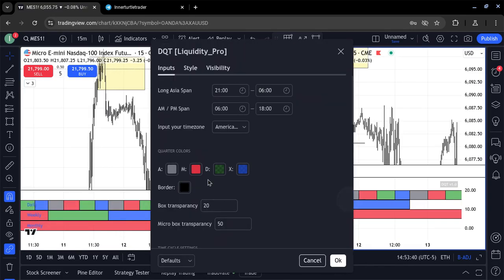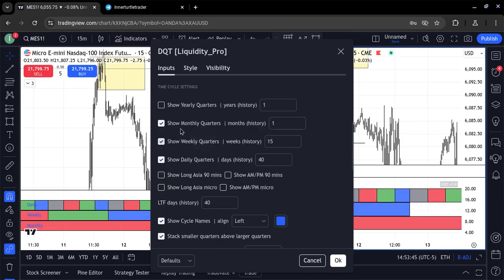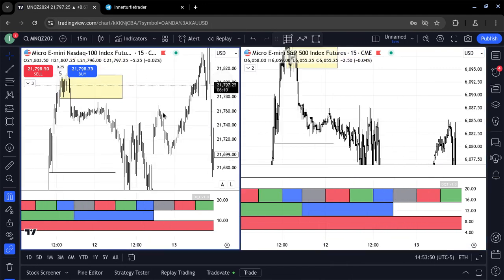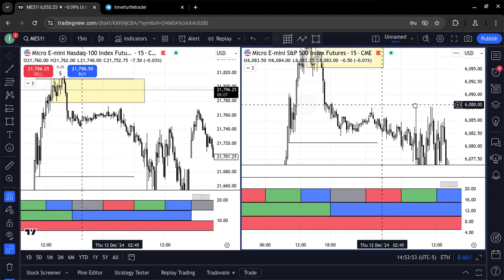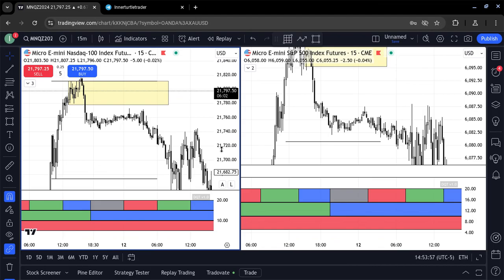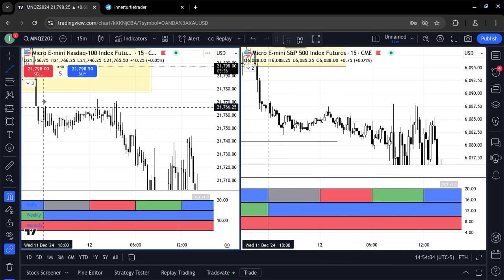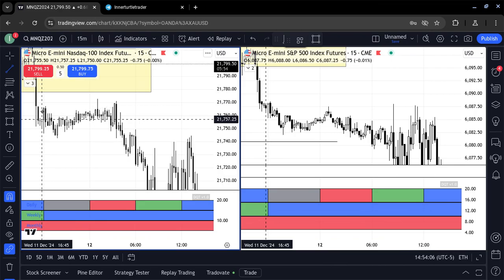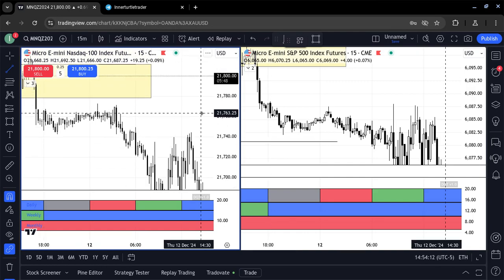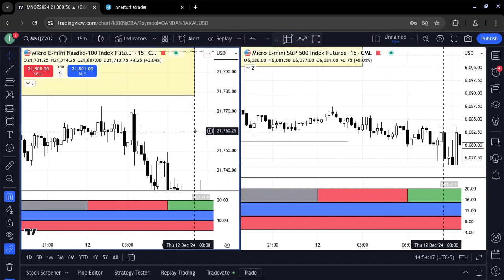Anyways, 15-minute time frame. What do we have here? This one particular candle. Okay, let me show you once again. I don't know why it's not zooming in.